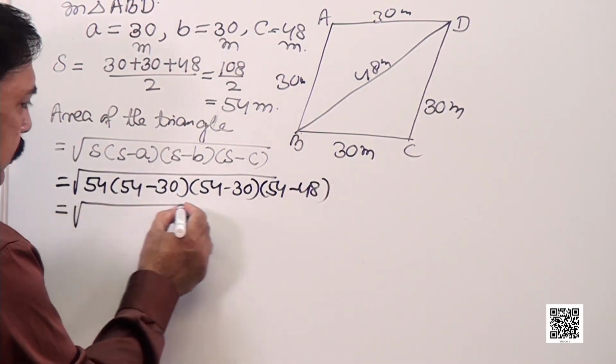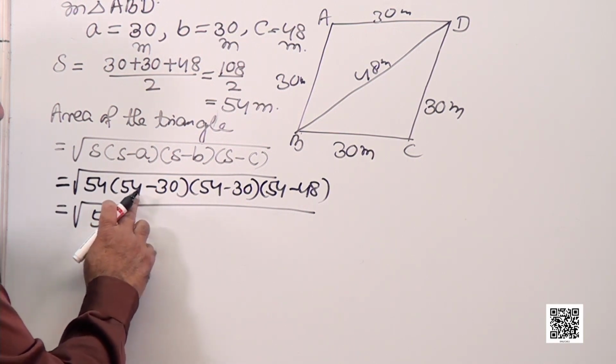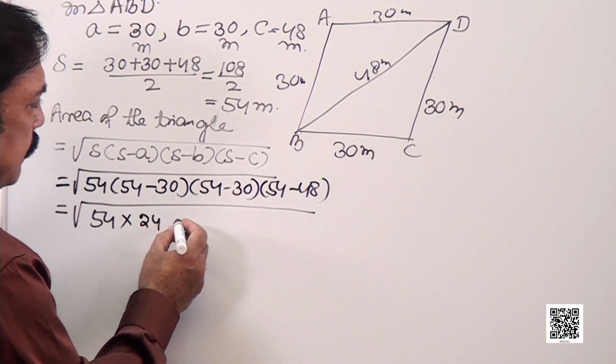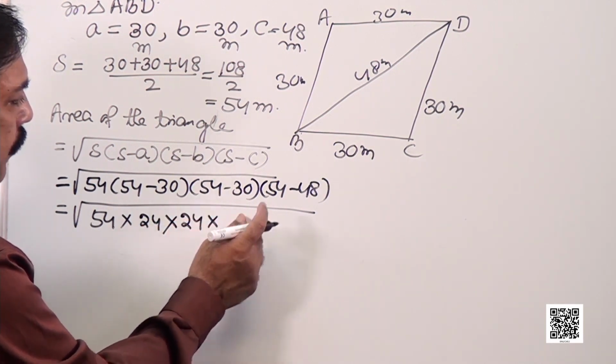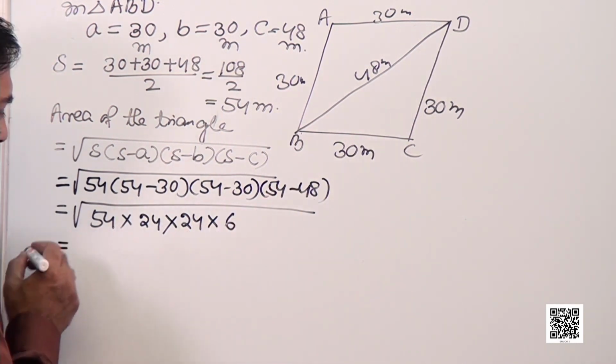This gives 54 into 24, again 24, and 54 minus 48 gives 6.